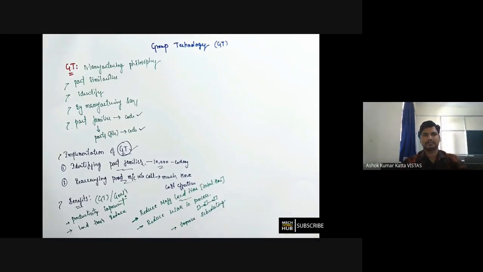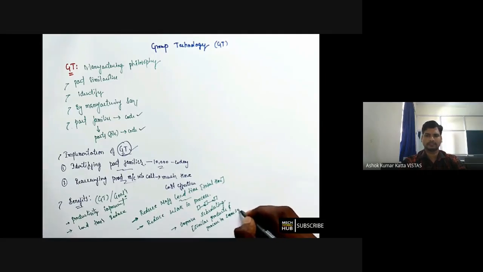Improving scheduling is nothing but taking similar products and processing them in the same system. This is the meaning of scheduling.